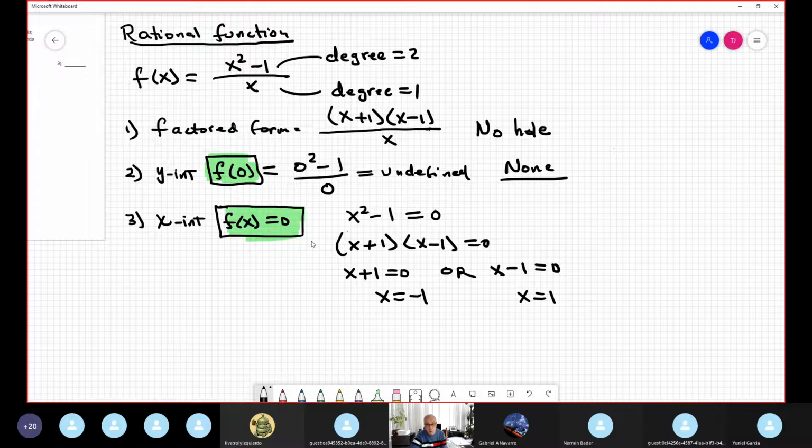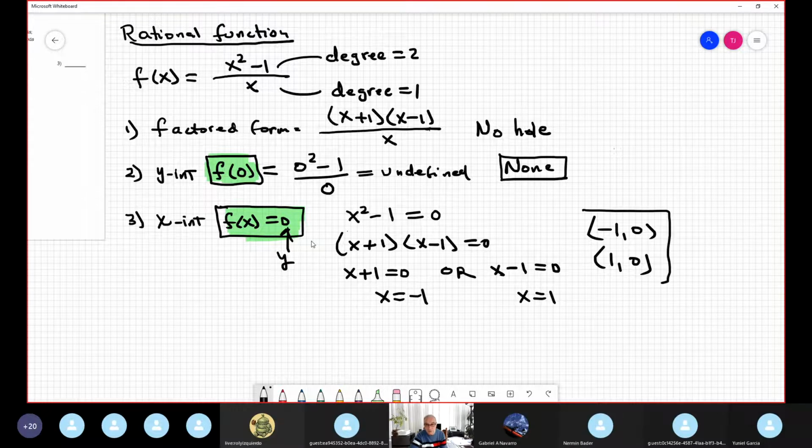We have two intercepts: negative 1, 0 and 1, 0, because the supposition was, remember, y is 0. So far, we have no y-intercept and we have two x-intercepts.